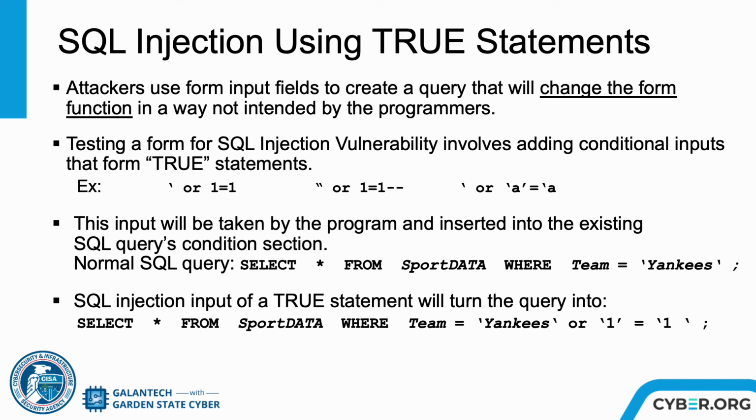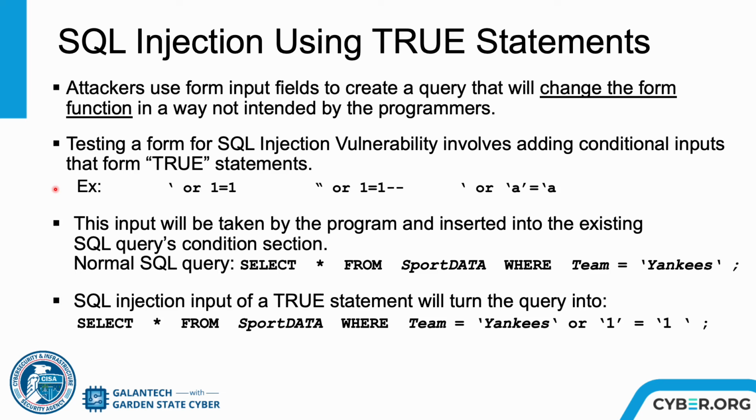SQL injection using true statements. So attackers use form input fields to create a query that will change the form function in a way that was not intended by the programmers. So testing a form for SQL injection vulnerability usually involves adding conditional inputs that form true statements.